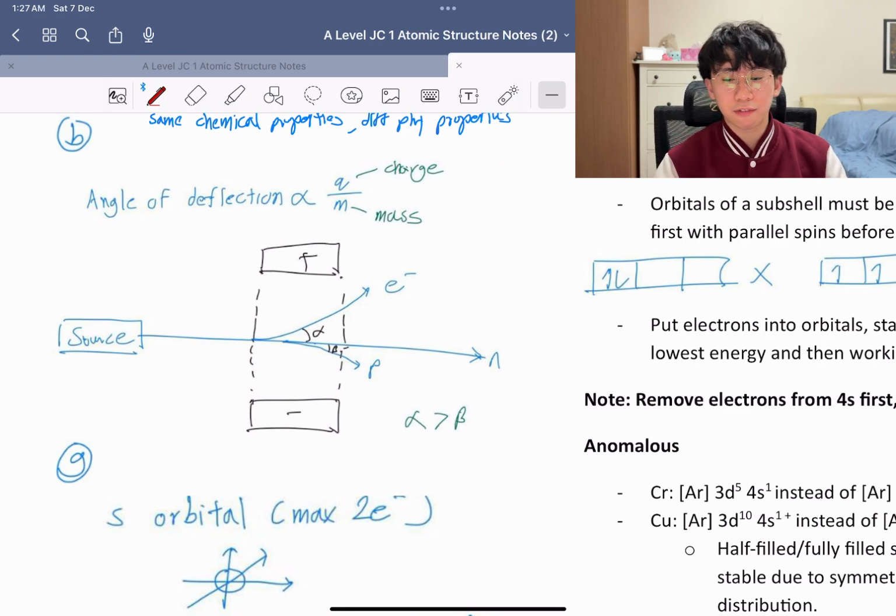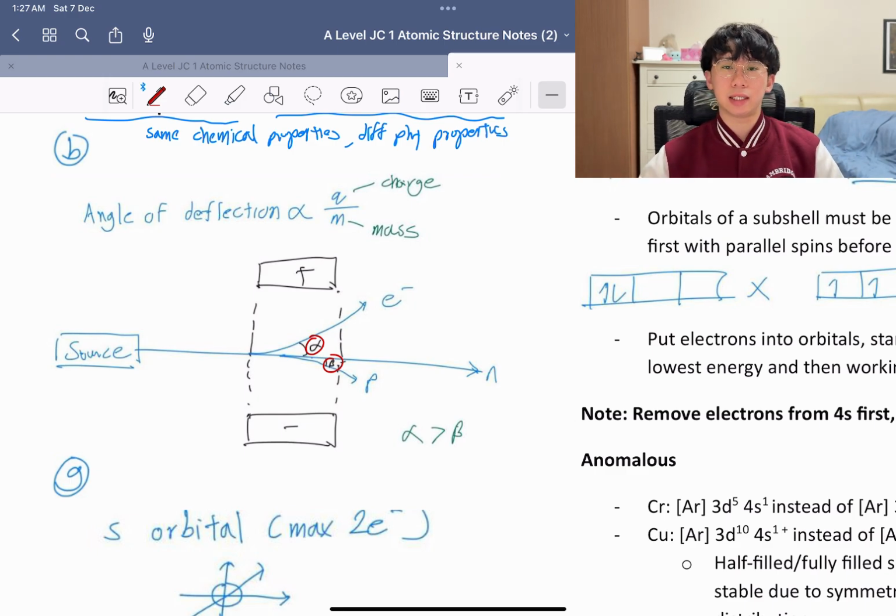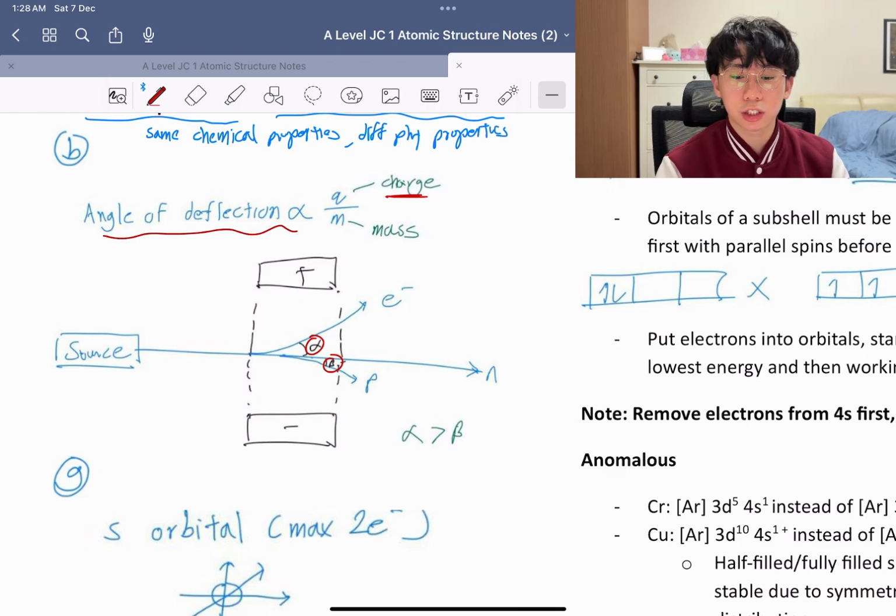And then here I've also labeled alpha and beta. So alpha and beta are the angles of deflection. And angles of deflection also matter because angles of deflection will be different for different particles. Angles of deflection are dependent on the charge and the mass.